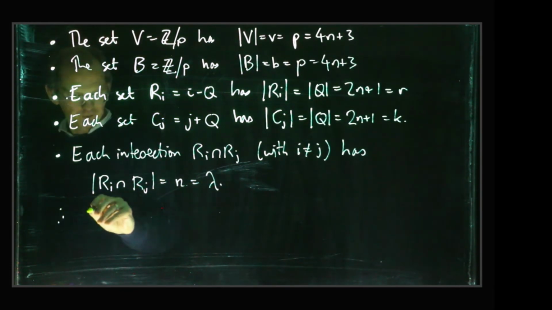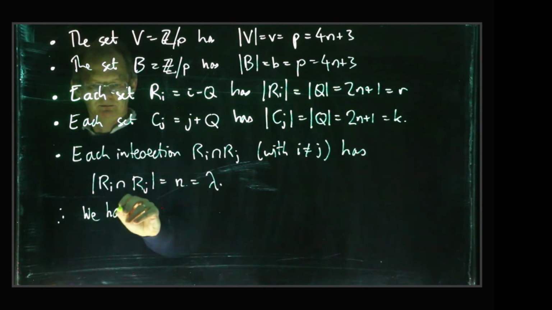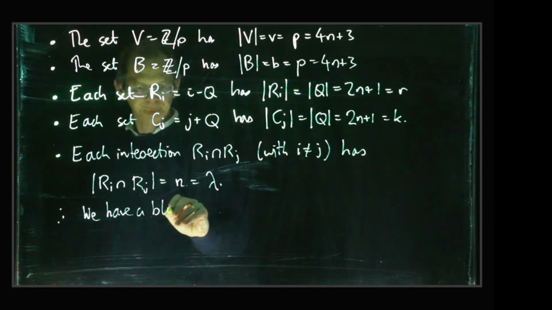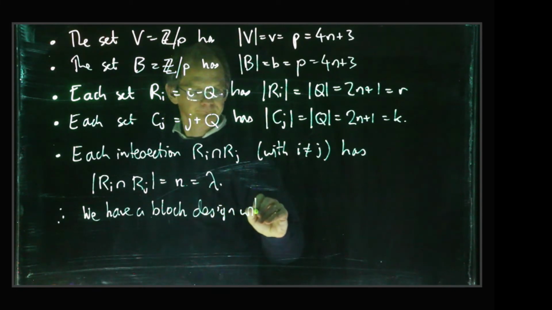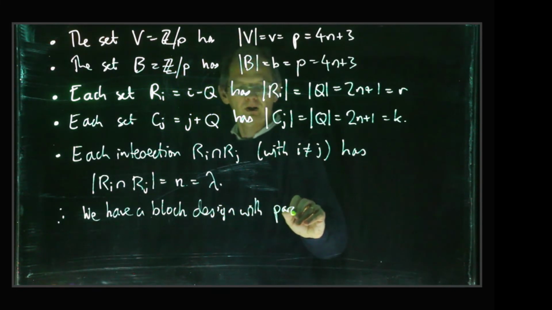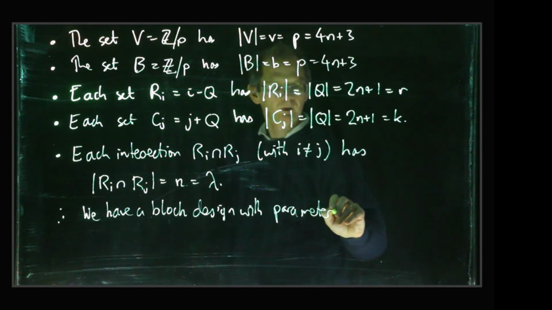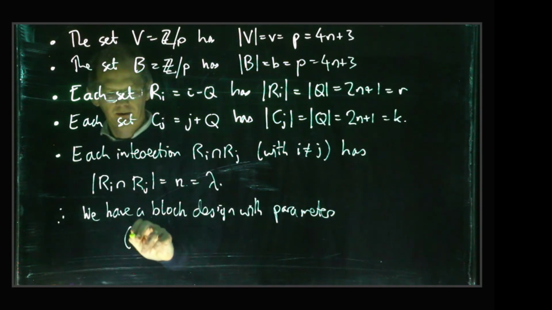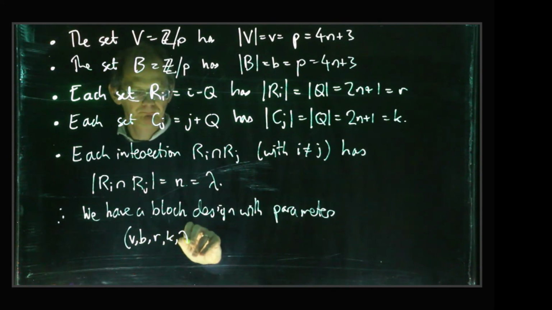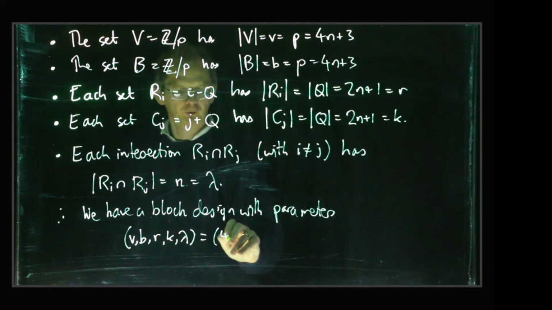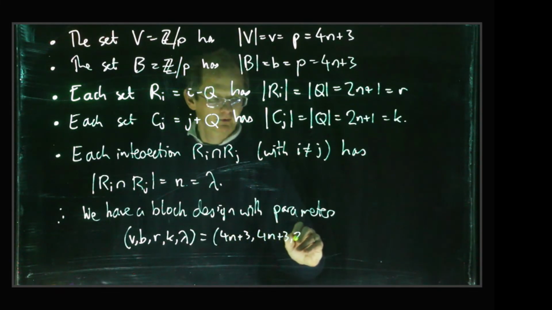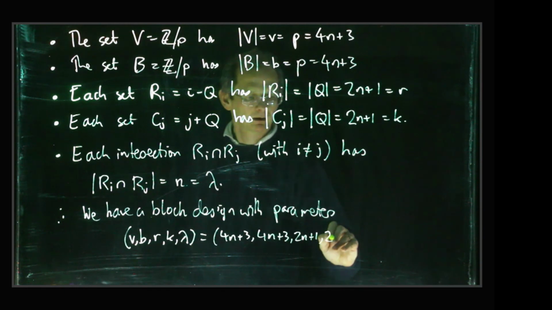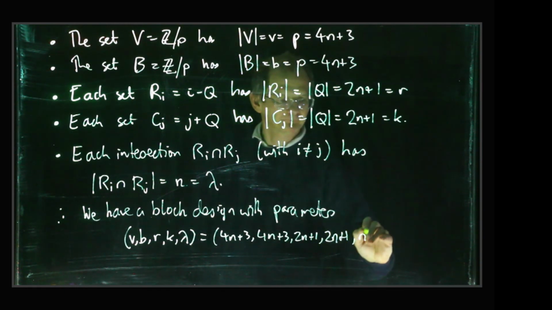So that proves we have a block design with the parameters conventionally listed as v, b, r, k, lambda: 4n + 3, 4n + 3, 2n + 1, 2n + 1, n.